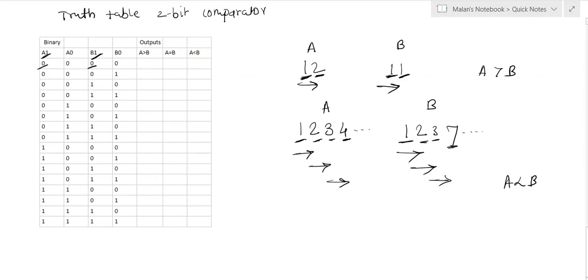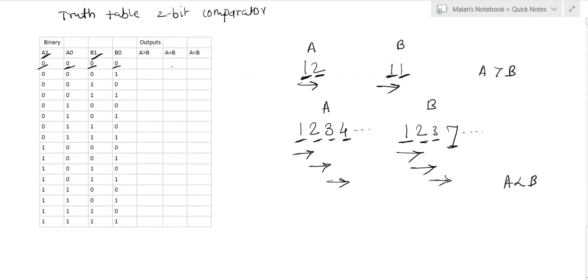Now here in this case, A1 and B1 both are 0, 0. When A1 and B1 are the same, the comparison is shifted to A0 and B0. Here A0 is equal to B0, so both A0, A1 and B0, B1 are same.